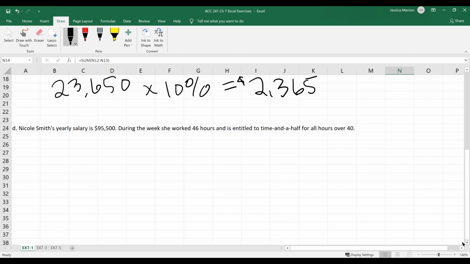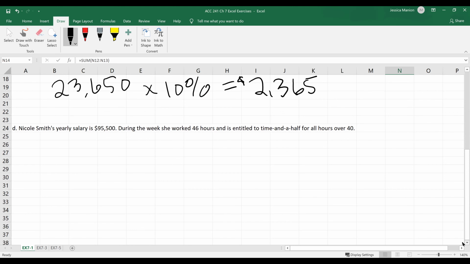Okay, letter D, this is one we're going to have to do some different calculations. So letter D, Nicole Smith's yearly salary is $95,500. During the week, she worked 46 hours and is entitled to time and a half for all hours over 40.